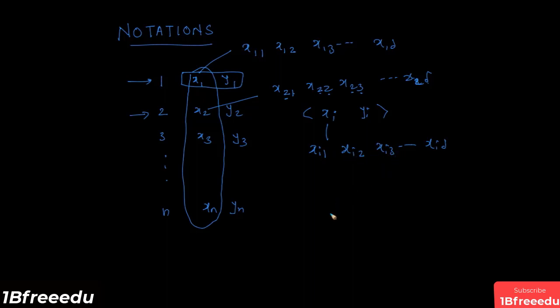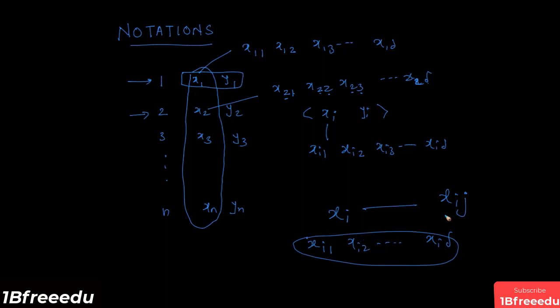So the notation is: I represent xi as xi1, xi2, so on and so forth, xid. This index represents the ith data point, and this one represents the feature number. So if I write xij, it means the ith data point and jth feature.